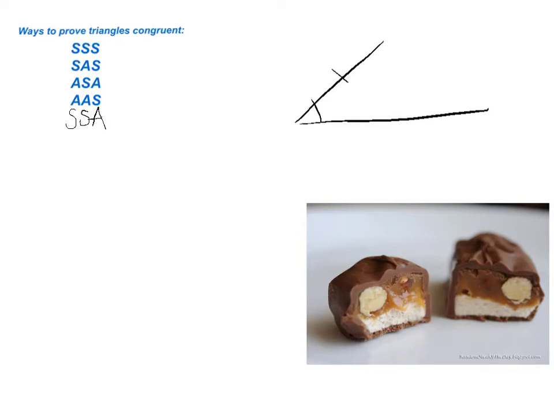Does that one exist? The answer is yes and no. Let's just say that I have this angle, this side, and another side. I could say that that side length is, let's say, 1 inch. Now, if I measure that 1 inch, there is a possibility that 1 inch will land here, but there's another possibility.